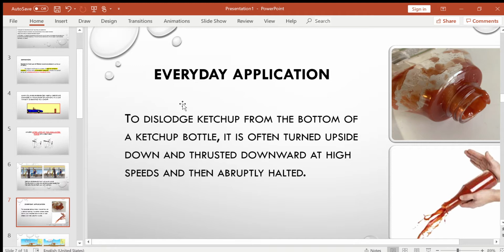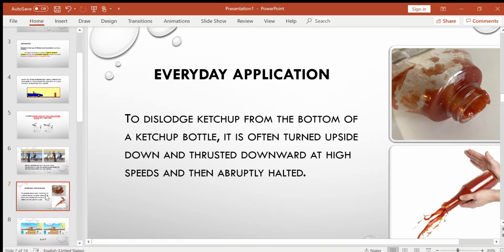When we almost run out of ketchup, to dislodge ketchup from the bottom of the bottle, we usually turn it upside down and thrust it downward at high speed and then abruptly halt it to get the ketchup out. It is one of the applications of the first law as well.